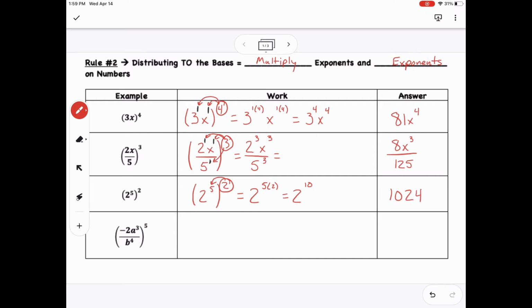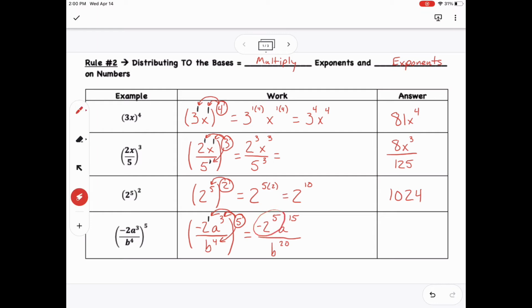Okay. Sometimes you have a mix of ones you know and ones you don't know. Here 5 gets to go to A's exponent, which is 3, negative 2's exponent, which is 1, and B's exponent of 4. So then I multiply all those out. So 1 times 5 gets me 5, 3 times 5 gets me 15, and 4 times 5 gets me 20.